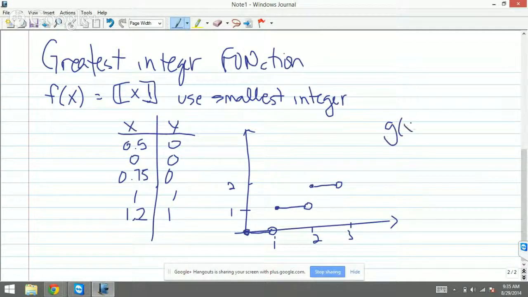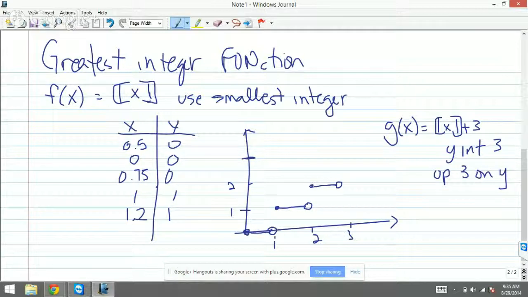Let's say I do this. On the outside, I add 3. What's that going to do to the graph? What's the y-intercept now? 3, so it's going to move it up 3. What if I do this?